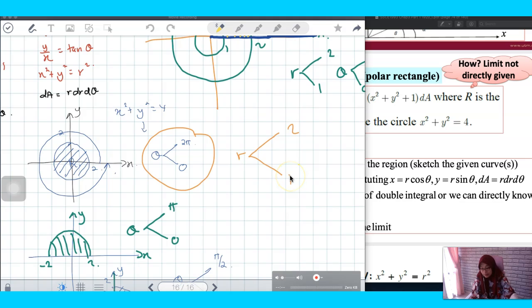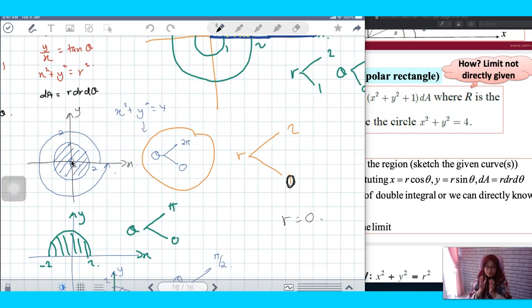How about the smallest circle that you can see? Since you can't see any smaller circle, the smallest r is at the origin. So what is the equation telling you that you have a circle with no radius at the origin? r equal to 0. When r equals 0, imagine a circle centered at the origin with no radius.